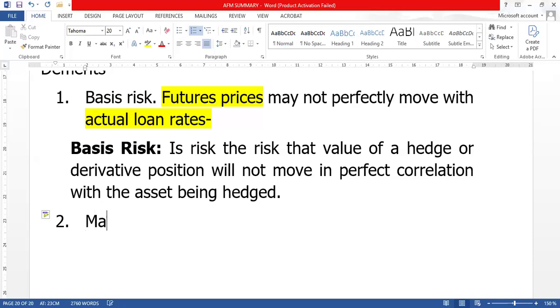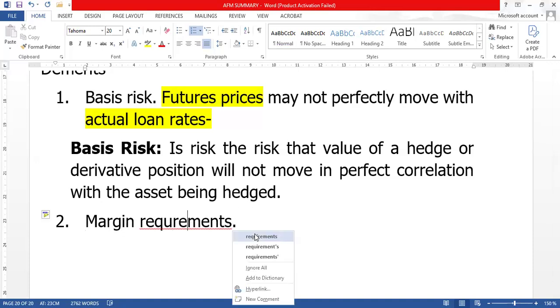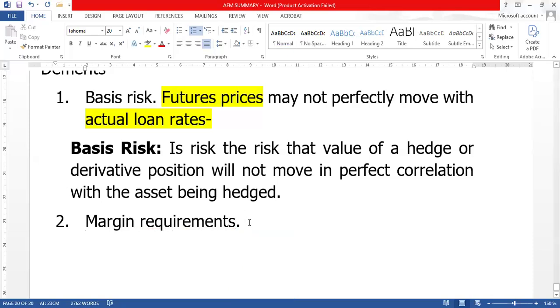Okay. Another disadvantage, you may talk about the margin requirements. As I said, you may need to pay some margins. These margin requirements are always daily. You need to keep on monitoring what is happening. So it requires daily margin adjustments. That is mark to market. When you hear that word, mark to market, you keep monitoring how the market is moving.